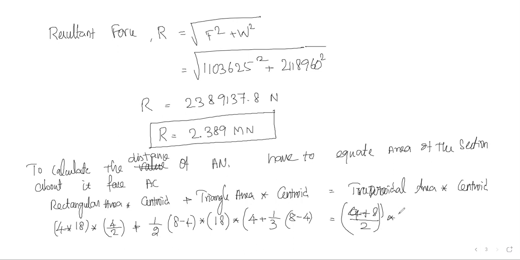So structure height h is equal to 18 meter multiplied with the centroid distance an. Therefore an is equal to how much?